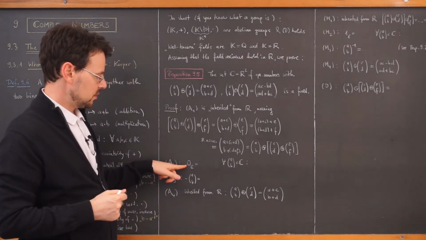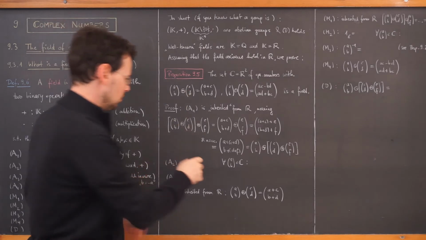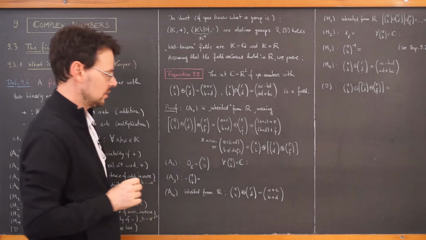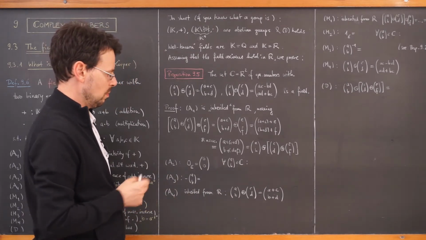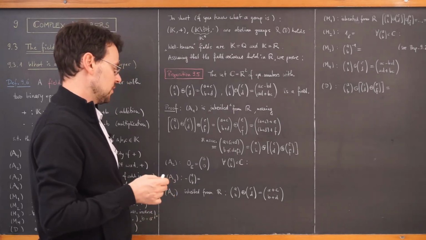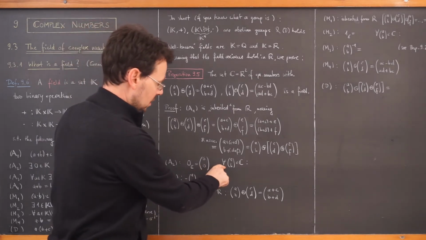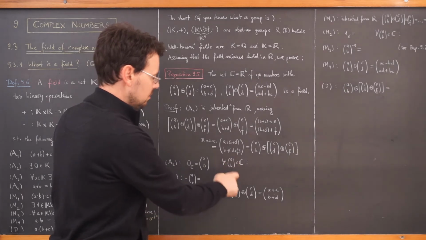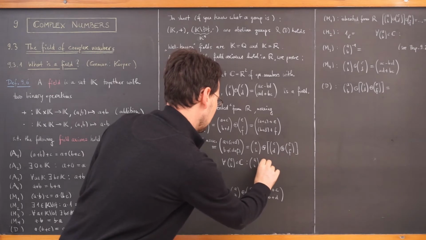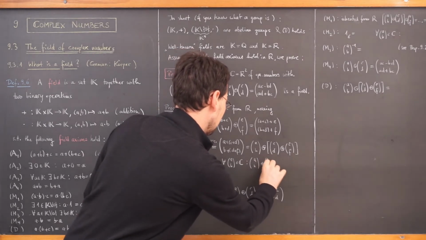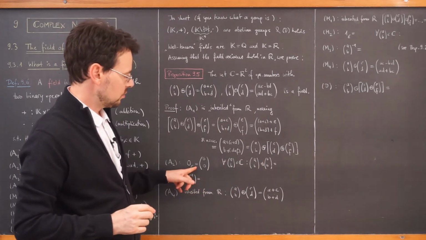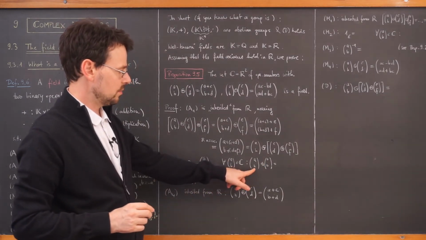Second, we have to find a neutral element for this addition. Well, of course, we're going to take the vector (0, 0). And we need to check, although it's almost obvious, but still we're going to do it, that for an arbitrary complex number (a, b), we have that (a, b) plus this neutral element leaves (a, b) alone.